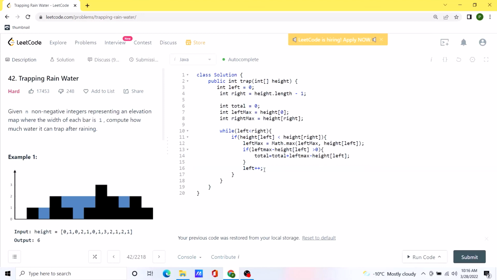And if that is not the case, we need to repeat the same process but now on the right side. So first we will see if we need to update the value of right max. And now again we are going to check whether we are at a valley on the right side where we can store some rainwater.